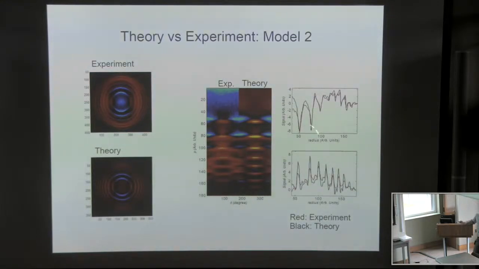At 0 degrees the match between theory and experiment, experiment in red and theory in black, seems to be really quite nice. Although it's a little off at 90 degrees. These peaks appear to be a little too high, and they seem to be a little too sharp a peak as well, a little too narrow.